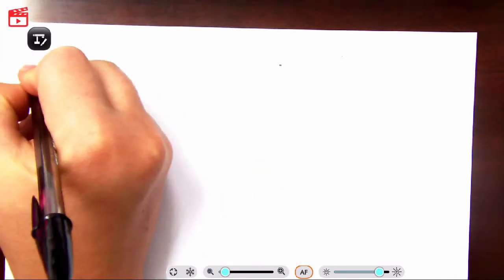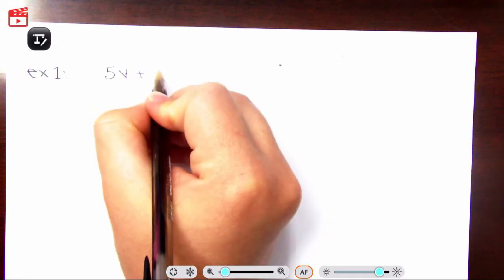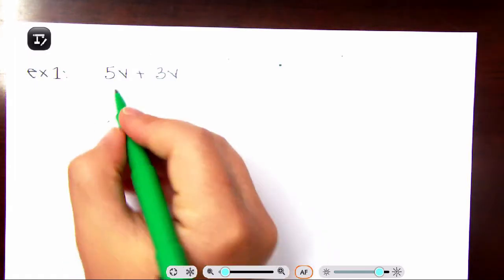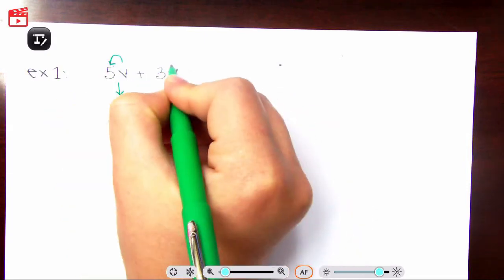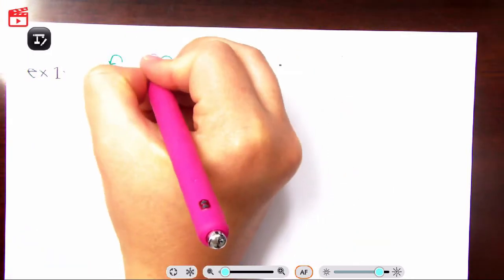For example 1, let's start with 5v and 3v. So what does this equal? We're going to combine all the like terms. This says I have 5 v's. This says I have 3 v's. Make sure you're always taking the sign in front.